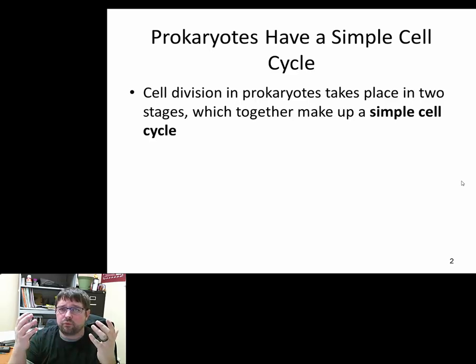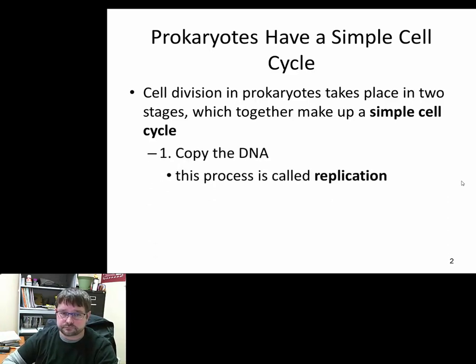This works to their benefit because the simpler you are, the faster you can reproduce. You don't have to wait to copy all your mitochondria, all your chloroplasts, all your organelles. You can just copy your DNA and split. And that's exactly what prokaryotes do.